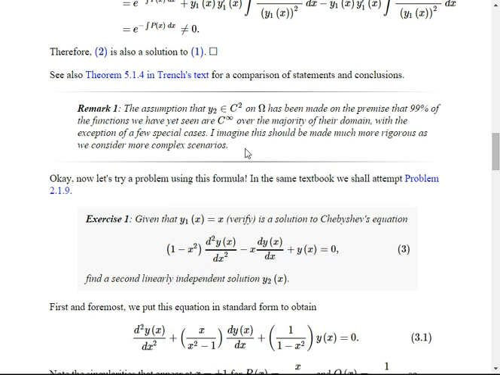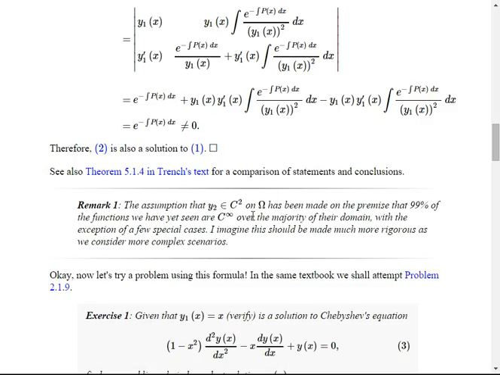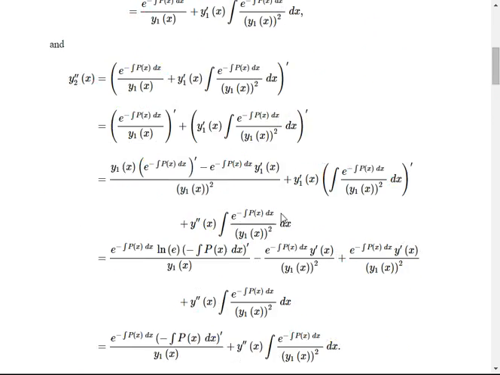Now, as I said earlier, I wanted to remark on the assumption that y2 has two continuous derivatives on omega, because most of the functions that we have yet seen are in fact C infinity functions, so they're analytic at most of the points in their domain, like the sine, cosine, exponential, and logarithm functions.